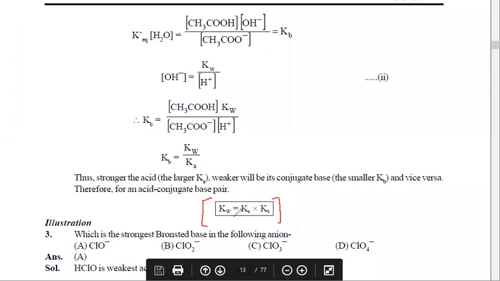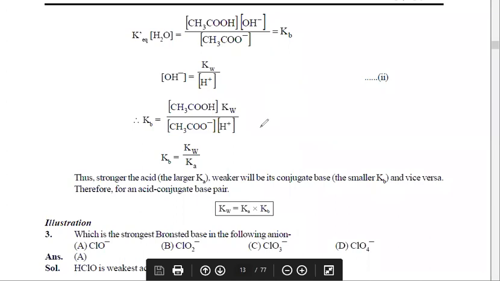Now how many of you remember this? Just raise your hand. Ka into Kb is equal to Kw, or K1 into K2 is equal to Kw for a conjugate acid base pair. We discussed this in the concept test, with the example of NH2 minus and NH3, or NH4 plus and NH3.